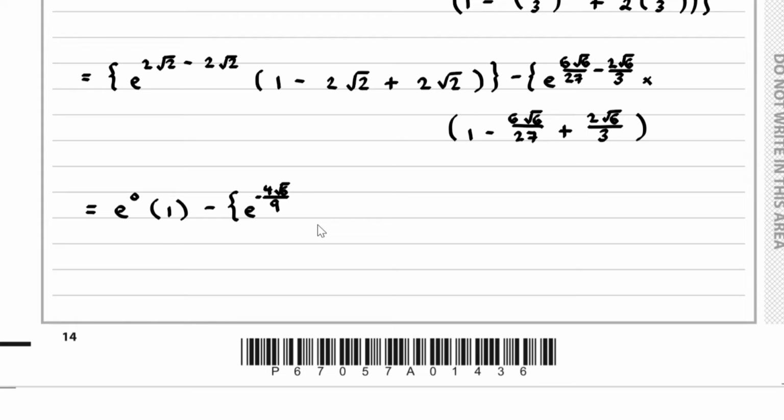And then if we open up our bracket, we have 1 minus, and then here we have 4 root 6 over 9.